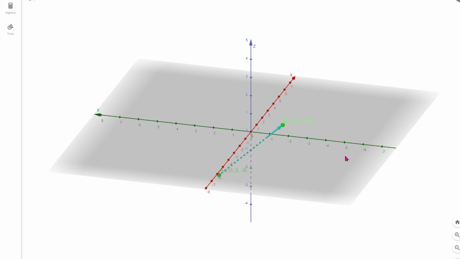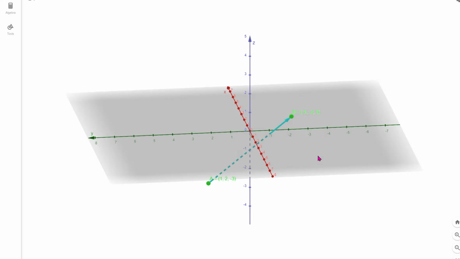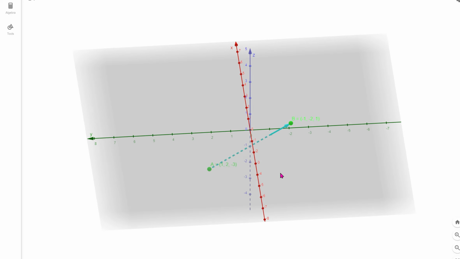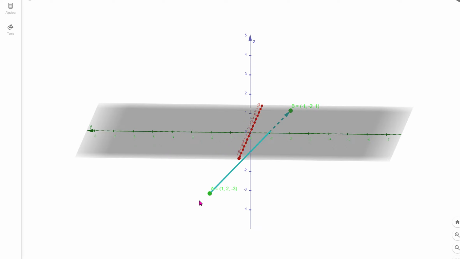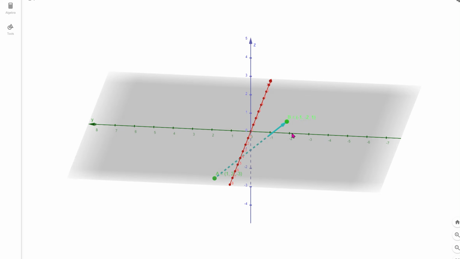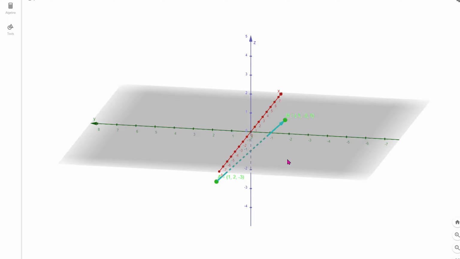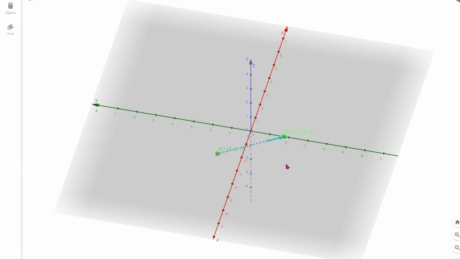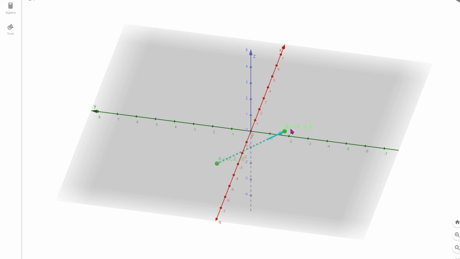Here I have the same question, point A and point B and the vector. You can see this is point A with coordinates 1, 2, -3, and point B with coordinates -1, -2, 1. Now we have to find the direction cosine for this particular vector from A to B.